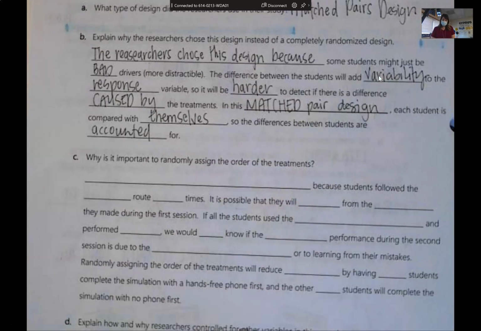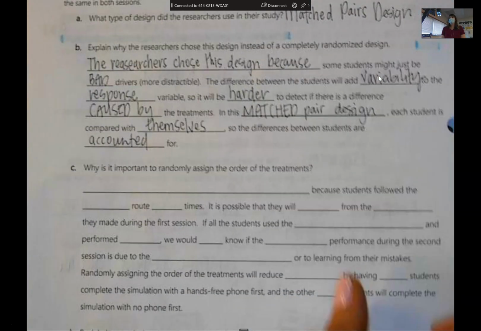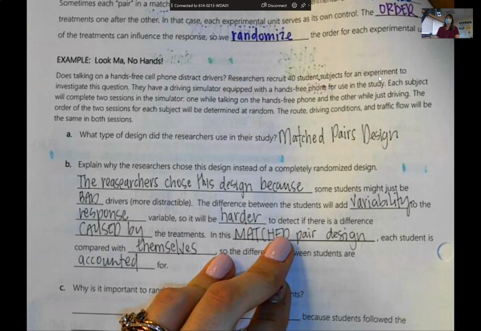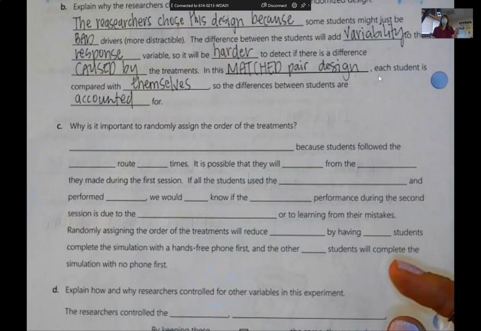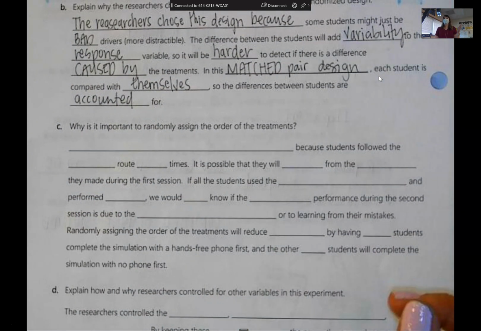So why is it important to randomly assign the order? So this one is, why do we want to choose this design? This question is, why do we have to randomly decide which one you do first? Because we can't have everybody do the talking first and then everybody do the driving second.